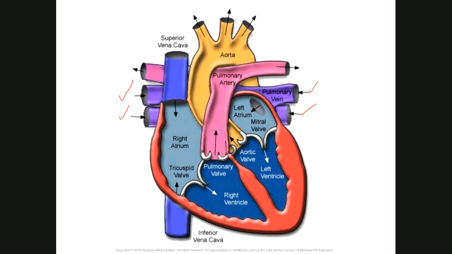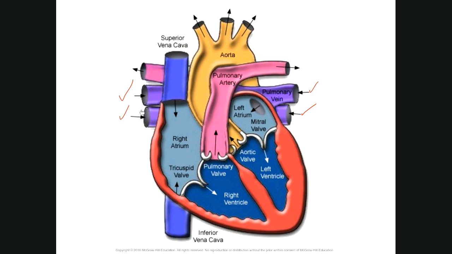Two of them are from our right lung, and we call them right pulmonary veins. One of them is called the right superior pulmonary vein because it's located upper, and one of them is called the right inferior pulmonary vein, and both of them carry oxygenated blood from our right lung.